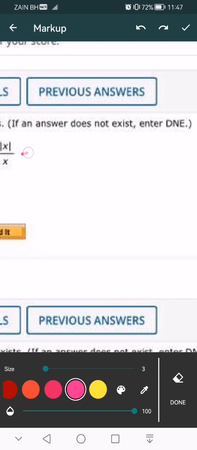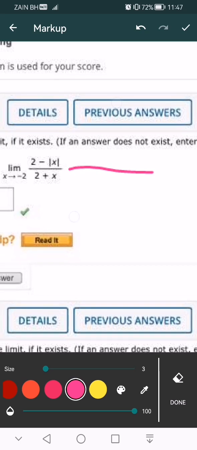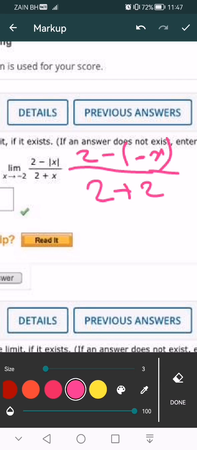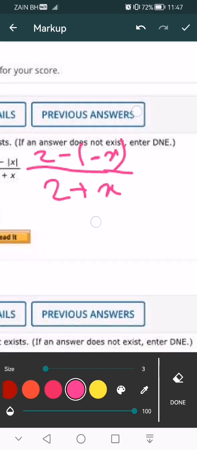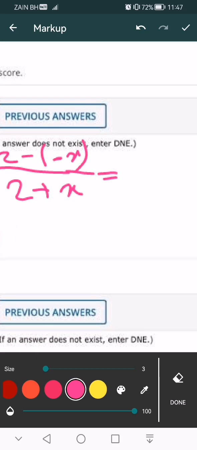That will be 2 minus, and the minus of the question I will not touch; in place of the absolute value I will put minus x again, and also 2 plus x in the denominator. I will not touch anything in the denominator. Numerator, sorry, numerator and denominator.